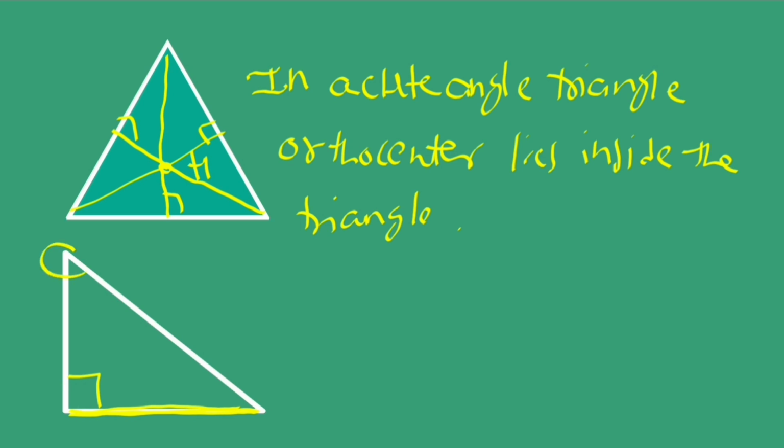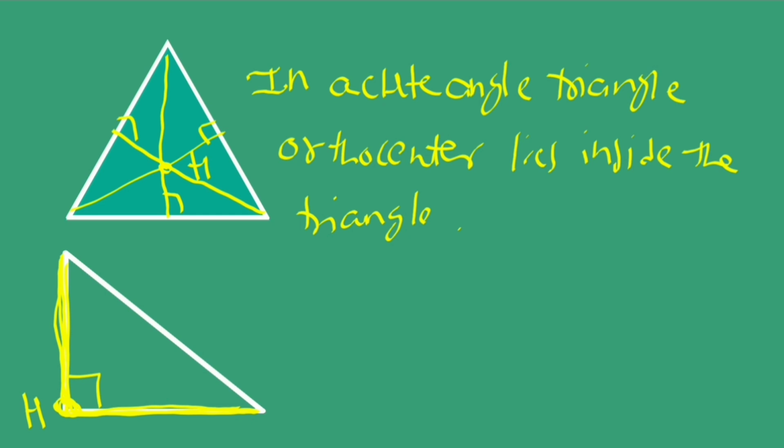If I start from this vertex and draw coinciding with this line, then only the altitude is making 90 degrees. Now both altitudes are meeting at this right vertex. So this point is orthocenter H. Yes or no?